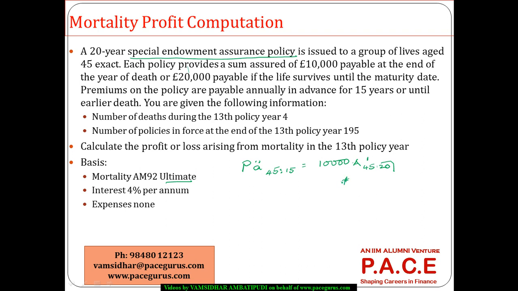The maturity benefit is 20,000, which I can call 20,000 times v^20 times 20p45. The summation of these two results in the premium part. So we can very well compute the premium for this kind of policy.